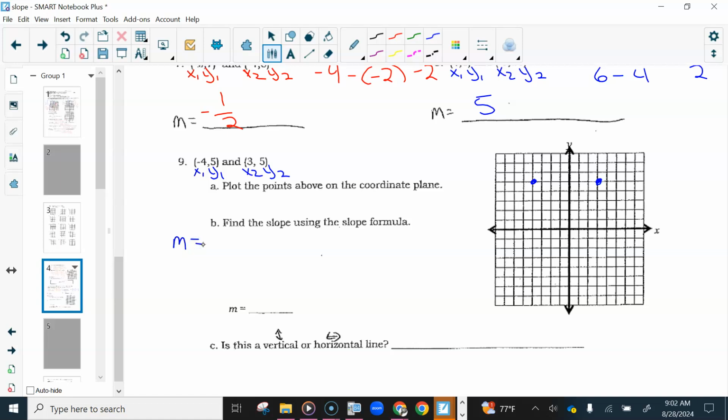So we have y2, 5, minus y1, also 5, over x2, 3, minus x1, negative 4. What happens there? What do you say, Michelle? We get 0 over 7. And 0 divided by anything is what? 0.